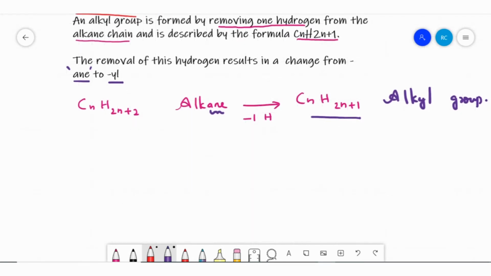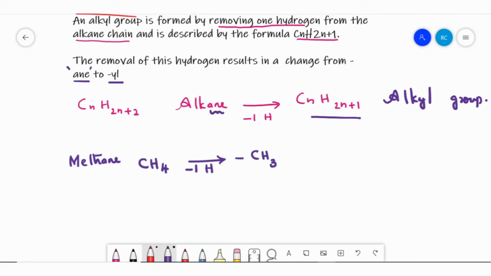I am taking the first alkane as methane. The methane formula you already know, that is CH4. When you remove one hydrogen from methane, I am going to subtract one hydrogen, so automatically it becomes CH3.